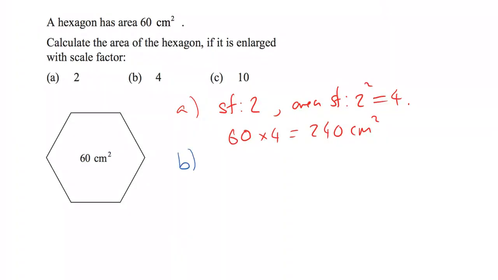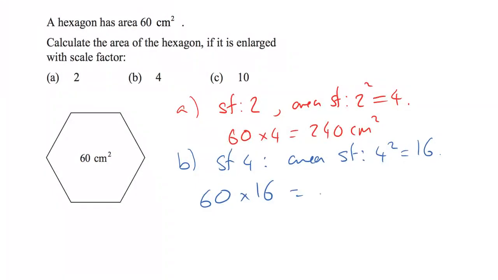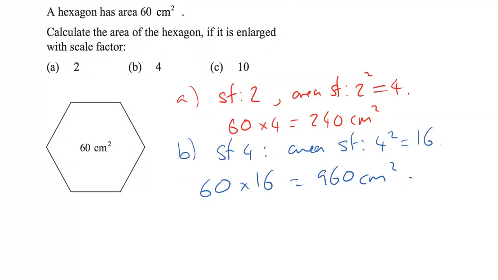B, if my scale factor is 4, well, my area scale factor is going to be 4 squared, which is 16. So I'm going to need to do 60 multiplied by 16 to get my area. That will be 960 centimeters squared.